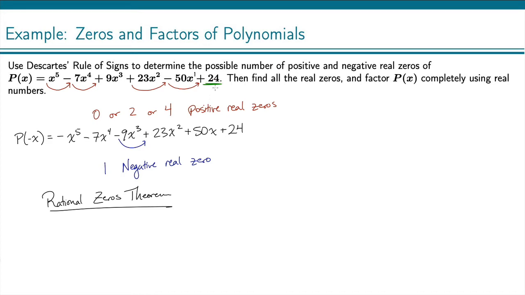The factors of 24 are 1, 2, 3, 4, 6, 8, 12, and 24. That's a lot of numbers there. And we divide those by the factors of the leading coefficient. The leading coefficient here is 1, so dividing by 1 or negative 1 is not going to change the numbers themselves. But we do have, of course, plus or minus in front of all of these. So these are the possible rational zeros of our polynomial.